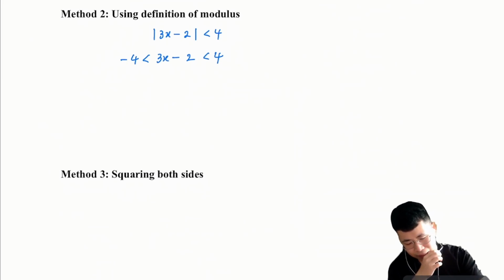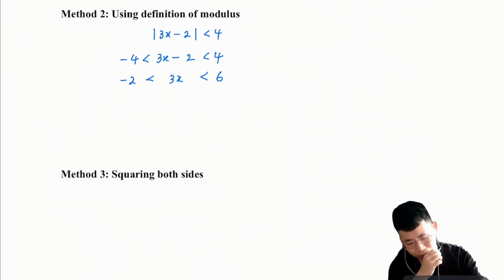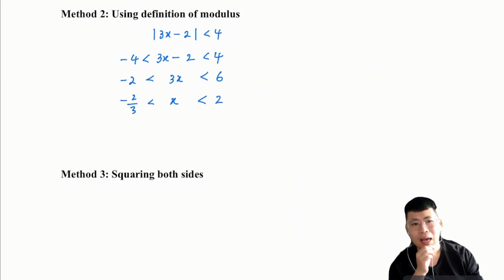So here I will get -2, 3x and 6. Afterwards, in order to get rid of the 3, I need to divide by 3, and I need to do this for all the sides. What I get in the end is negative 2 over 3 less than x less than 2, which is the same as the answer that we got in the previous part.